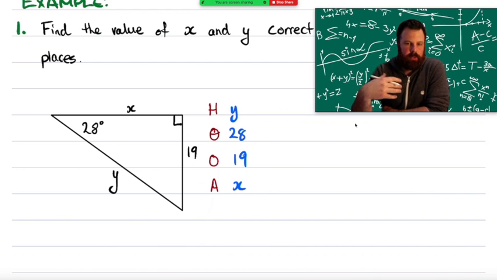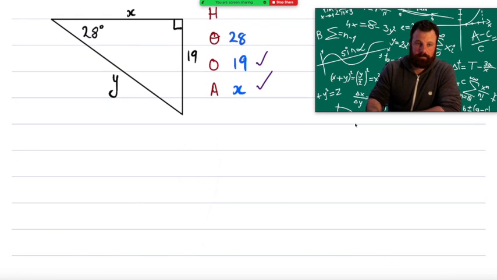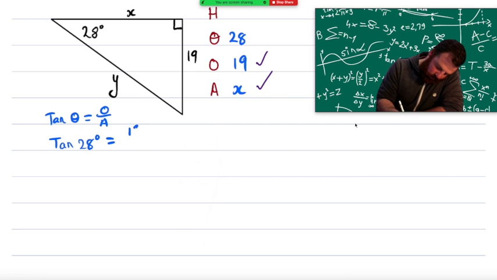So what I'm going to do is pretend one of those values, x or y, doesn't exist. And to start off with, I'm just going to pretend y doesn't exist. So what I've got is now something that only deals with the opposite and the adjacent. And we know opposite and adjacent, that's our tangent function. So I know that tan of my reference angle is opposite over adjacent. So tan of 28 degrees is equal to 19 over x.